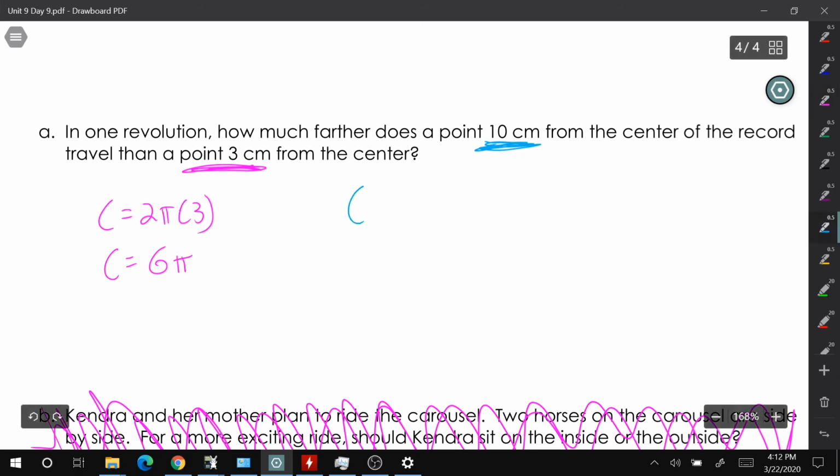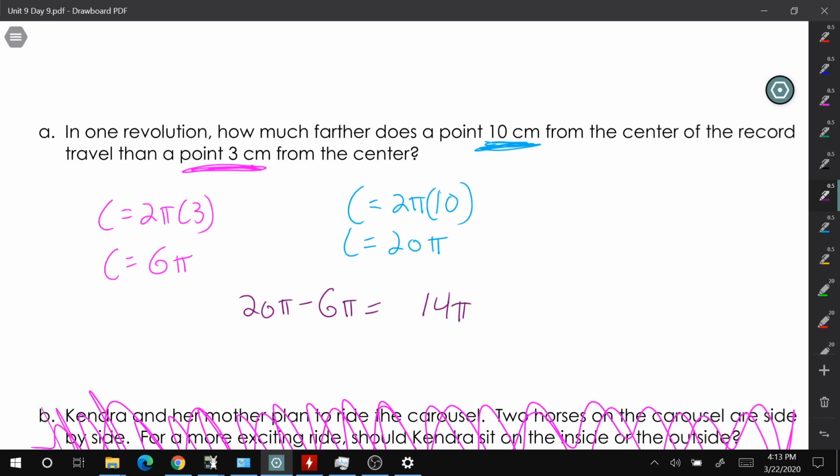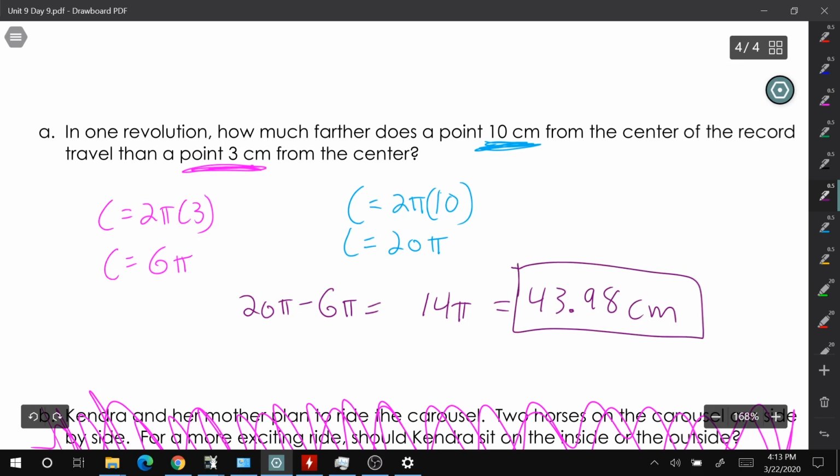And then for the blue one, the circumference equals 2 pi times 10. So the circumference is 20 pi. So the difference between those two, 20 pi minus 6 pi, is 14 pi. And if we type that into our calculator, we get 43.98 centimeters.